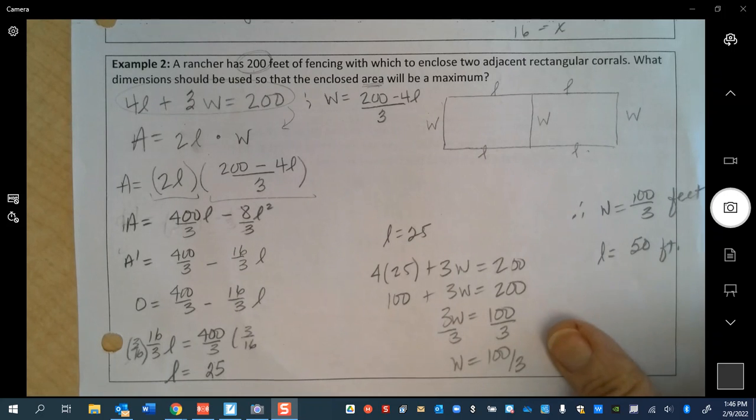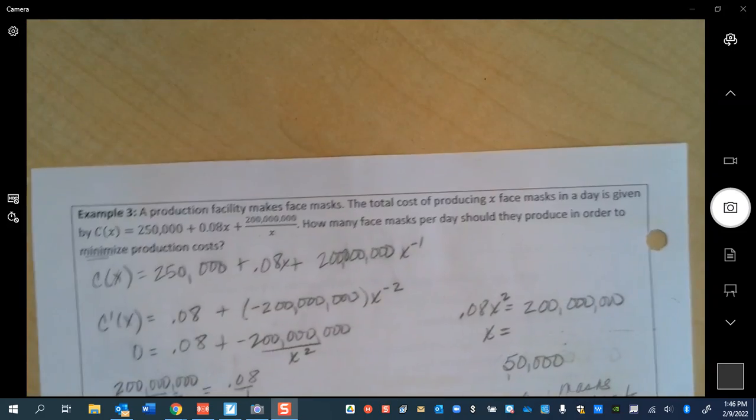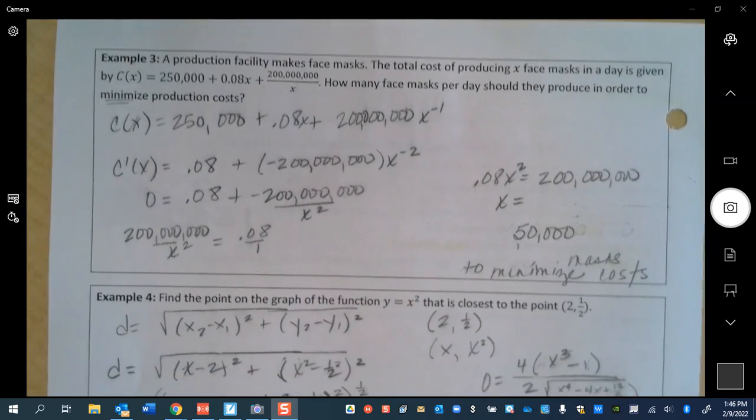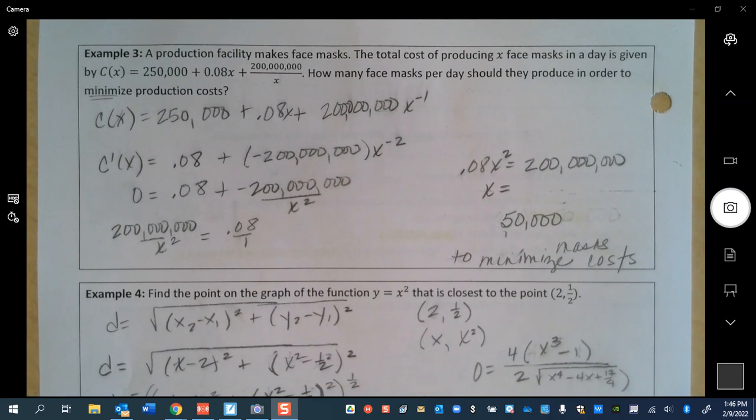All right, on the back, a production facility is making face masks. When they give you the equation, you just go with what they give you. Please make sure that I can see the difference between your equation and your derivative.